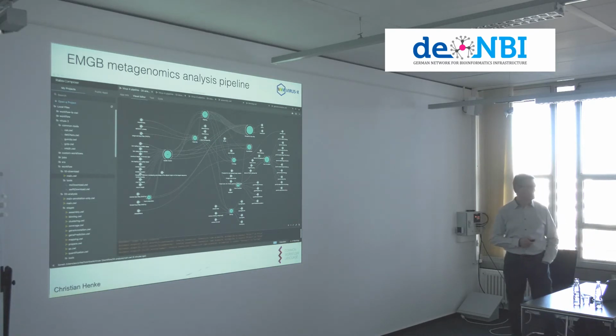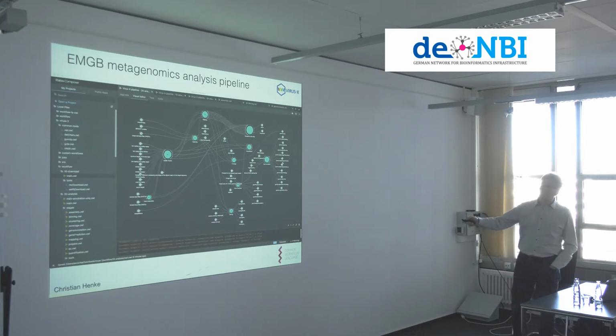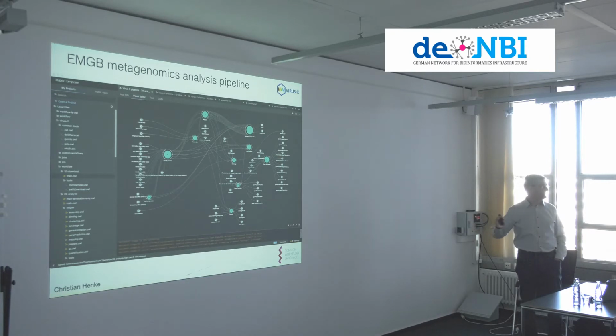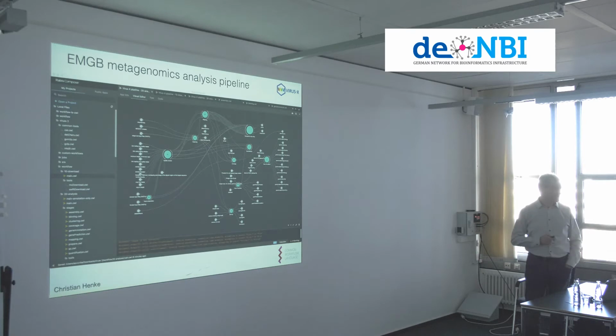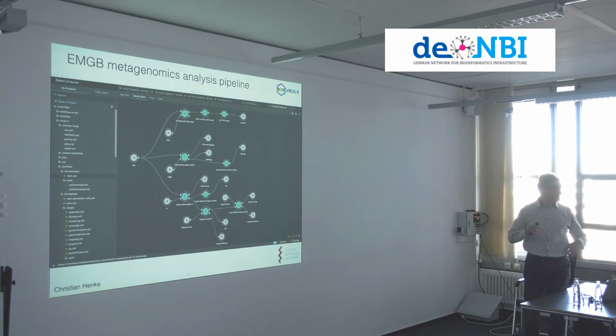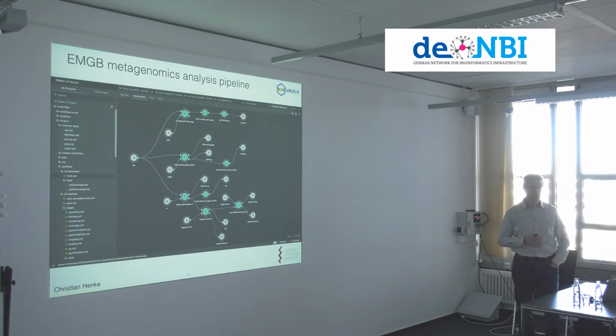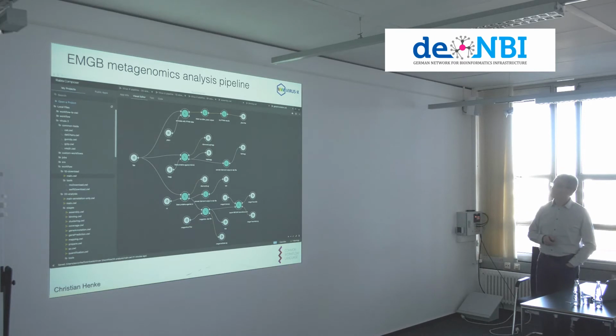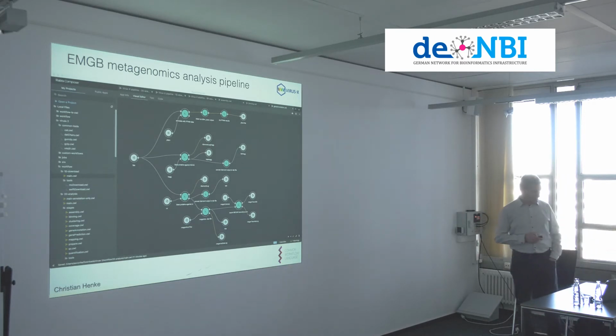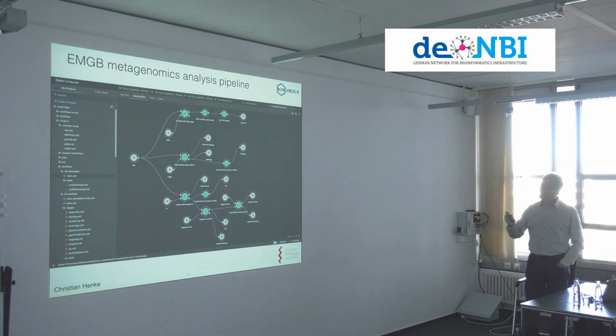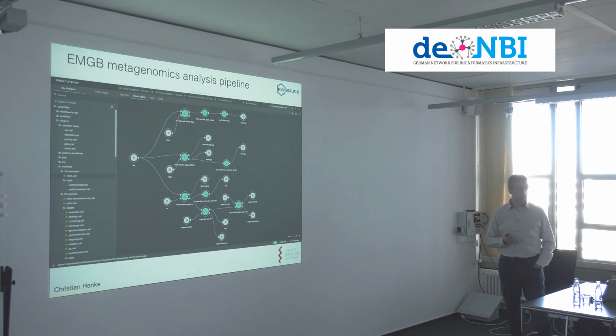So each circle is basically a tool here. And you see the data flow within the whole pipeline. Okay? And each of these circles can actually be another pipeline which is integrated in this circle. So it's a pretty complex and nice pipeline, which we can run in the cloud now because everything is automated, right? And we can run this on large data sets.